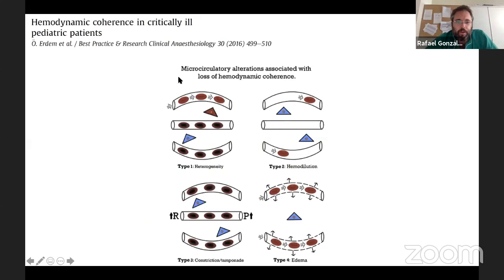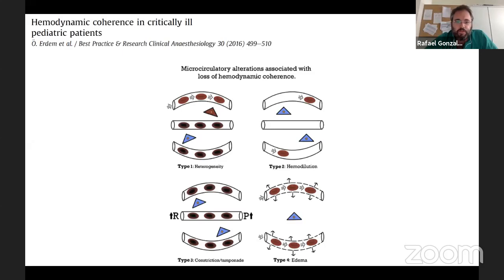This paper by Ince from the Netherlands describes how coherence might be altered in critically ill patients. They describe 4 types of microcirculatory alterations that result in the loss of hemodynamic coherence.